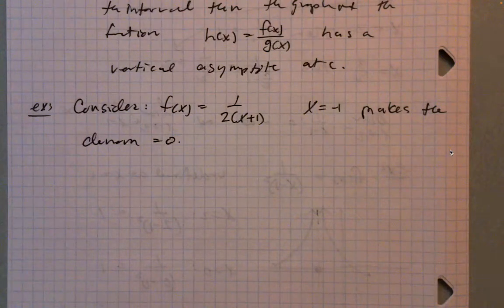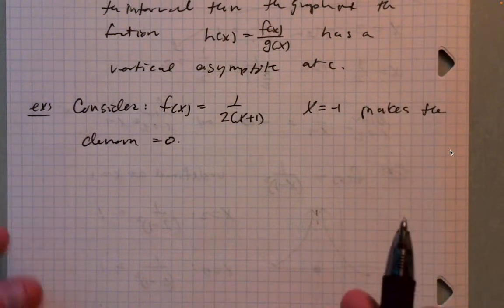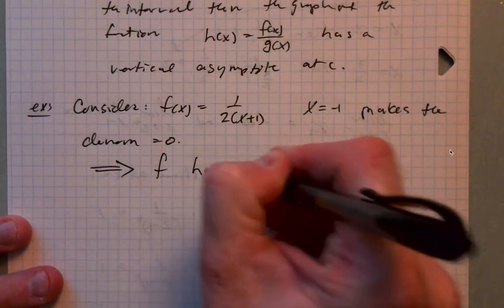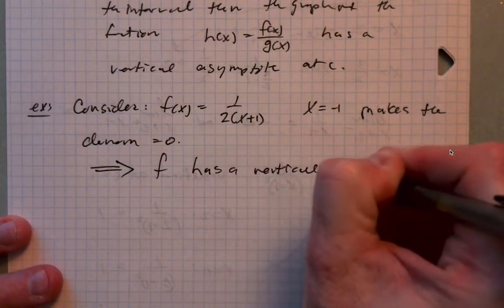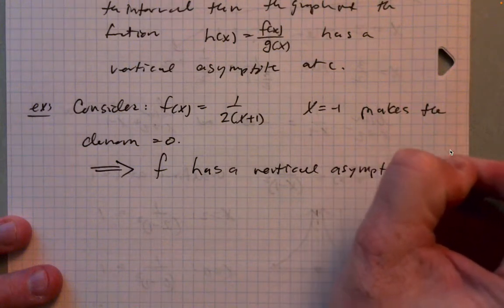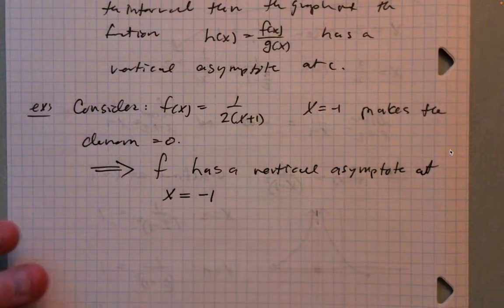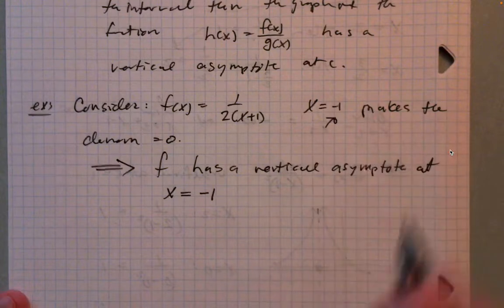And so this basically is all the criteria for the previous theorem, and so the implication here is that f has a vertical asymptote at x equals -1. So this is your value of c here.